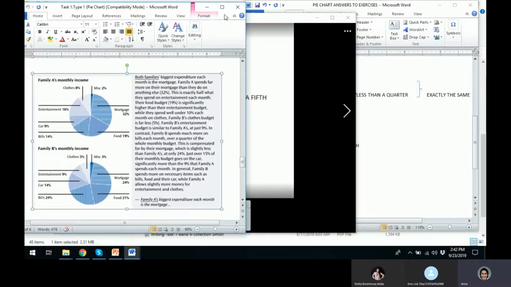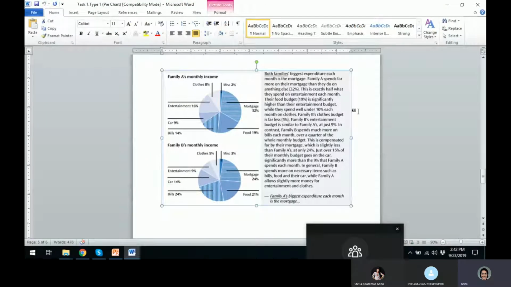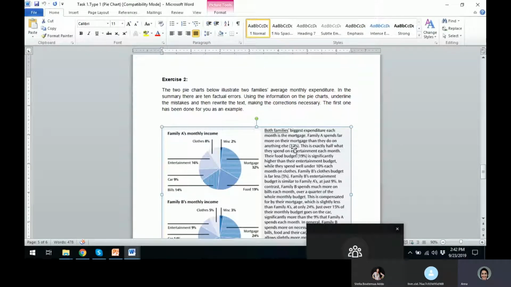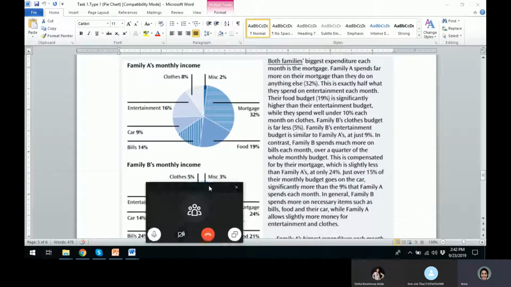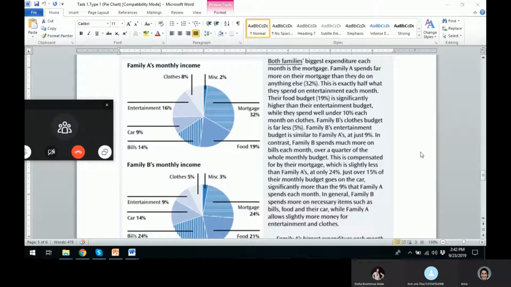But let's go to the sample model essay. Here you are supposed to identify the mistakes and then correct them accordingly. Let's try a few. There are 10 mistakes actually. Let's try the first sentence: "Both families' biggest expenditure each month is the mortgage." Is that correct?